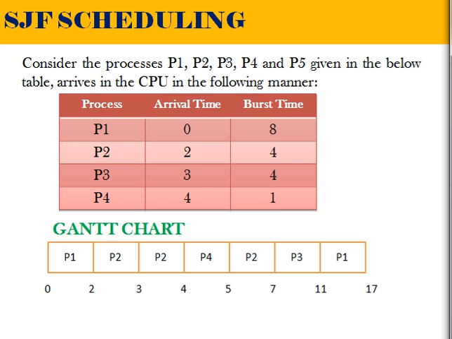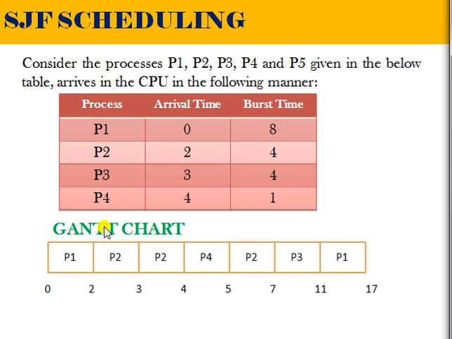P2 has executed 1 unit, so the remaining burst time of P2 is 3, and hence it will be given priority over the others. So again P2 will be executed.